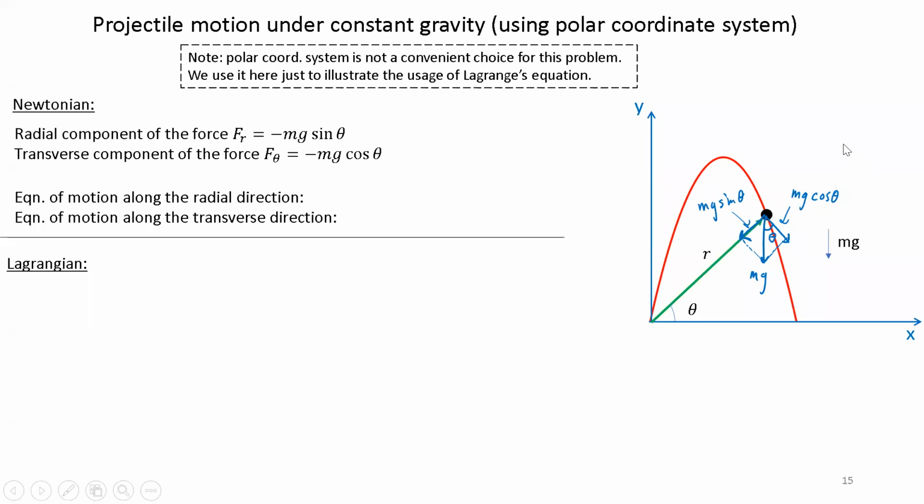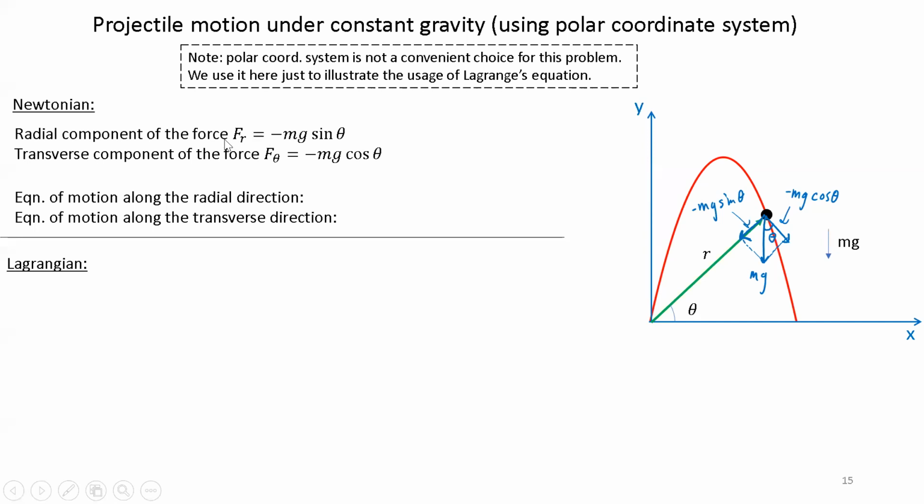This is the magnitude, but in both of them we are going to add the minus sign. This one points in the direction that decreases r, and because this one points like this, it tends to decrease the theta value. That's why I add this minus sign.